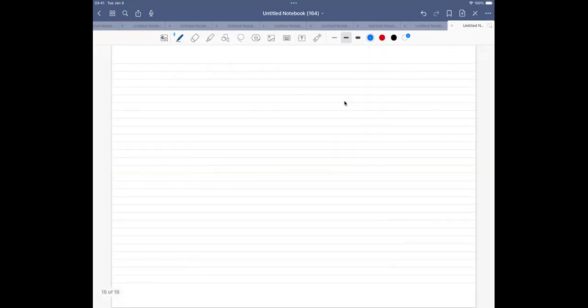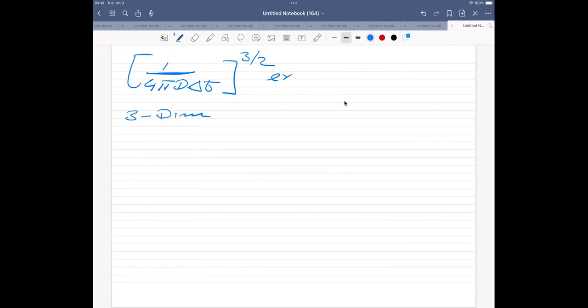Let's just put that on the next page. It has a 1 over 4 pi D delta t to the power of, if we are now doing this in 3 dimensions, then this is given by 3/2. And then I have an exponential where I have minus, and then I have y minus x minus this constant D, and then I have my F of x.